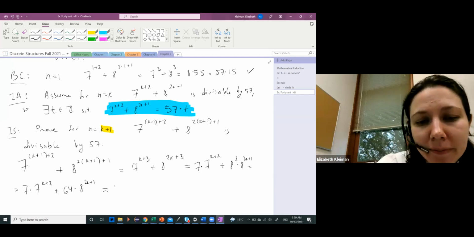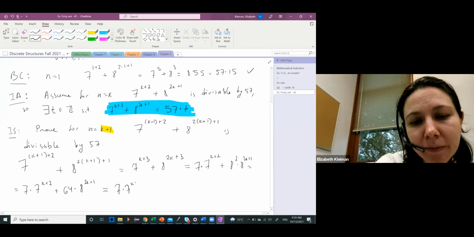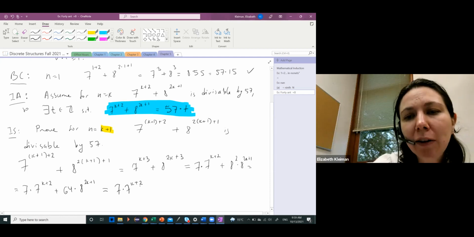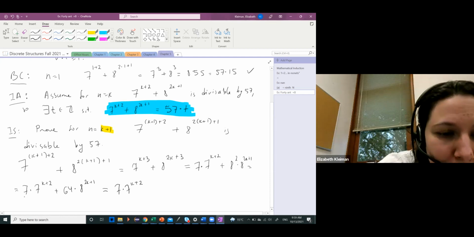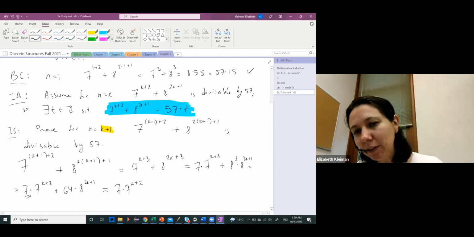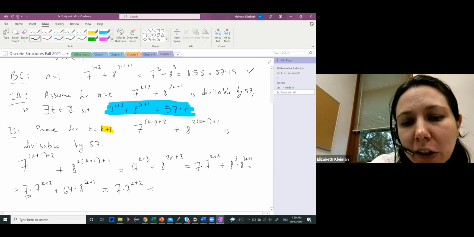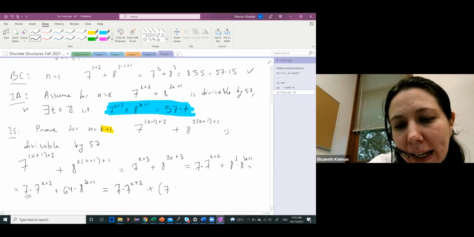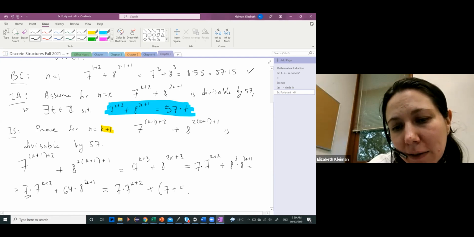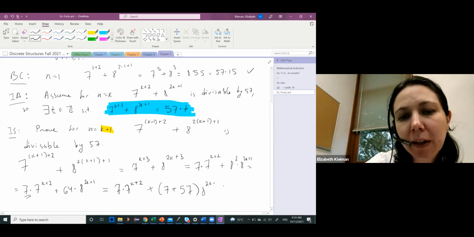Do you agree? How do I know that's what I want? I plan on factoring the 7. So I'm trying to figure out how I can factor the 7 out. So actually this one is going to be 7 plus 57, times 8^(2k+1).